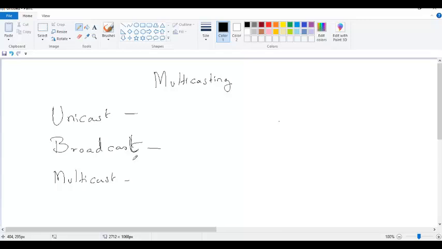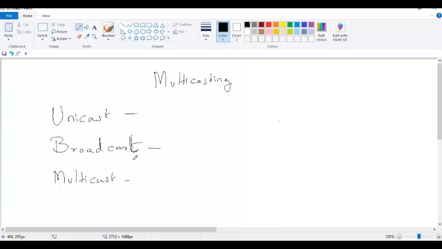Unicast, we know the destination to which you are talking. Broadcast, you know you are talking to anyone who receives the packet. But multicast, we need to tell the group members. Now, to identify the group, we need an address.